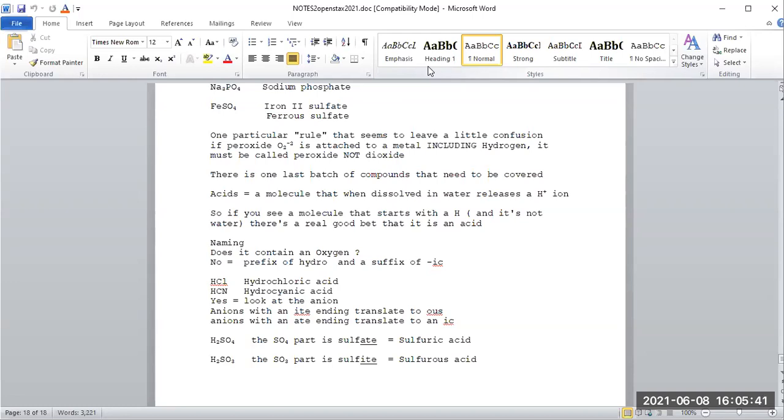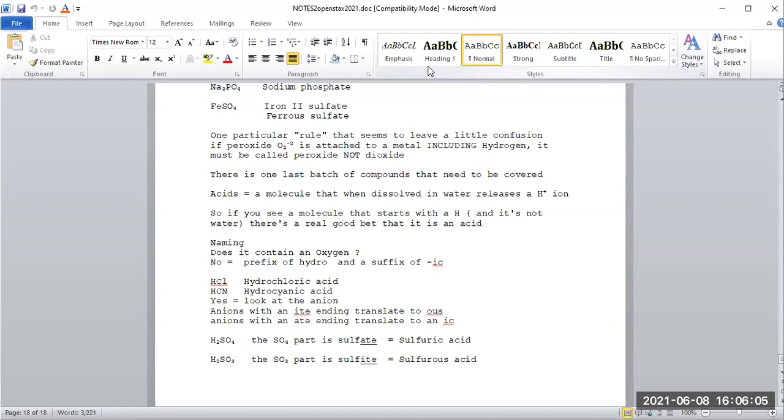Hydrocyanic acid, if dissolved in water, is an aqueous solution. In gaseous form, if you breathe it, you die. It has the cyanide ion in it, the C linked to the N.